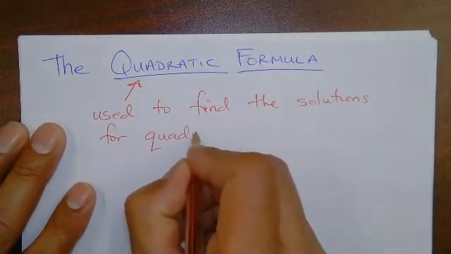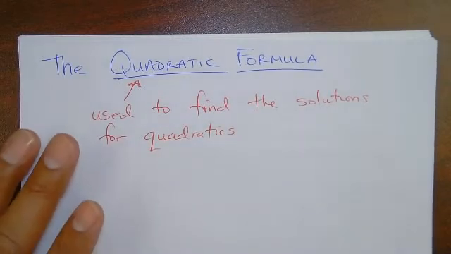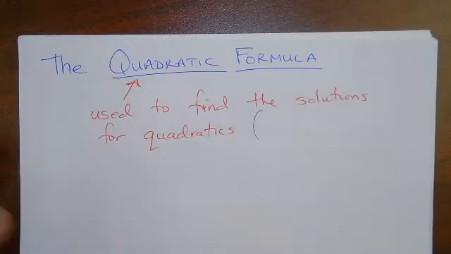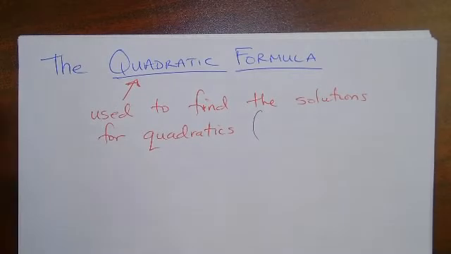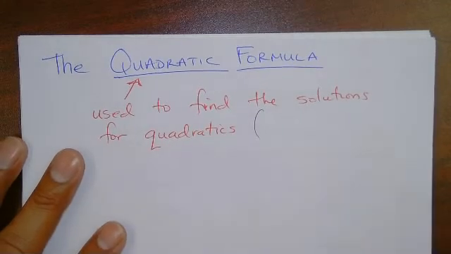Quadratics. Only quadratics. Polynomials that are quadratics. I know quad in other terms, not in math, like a quadricep or a quadrilateral. Quad usually means 4, but here it doesn't mean 4.